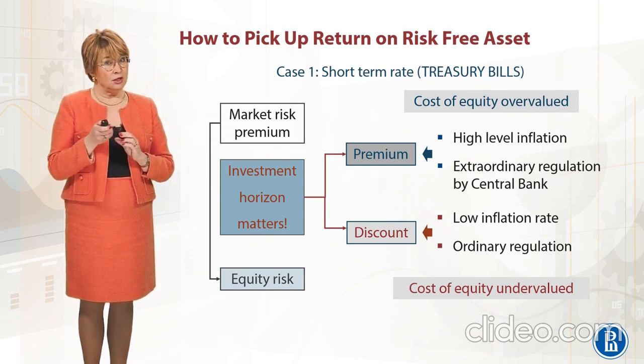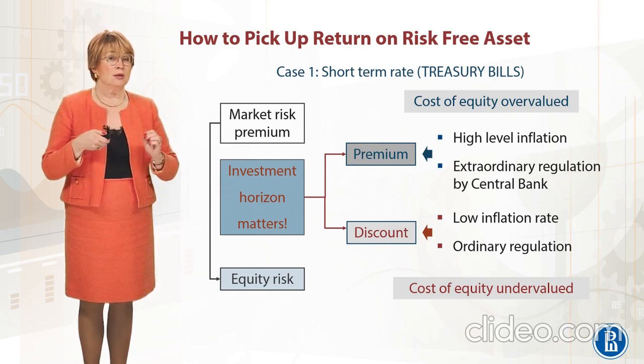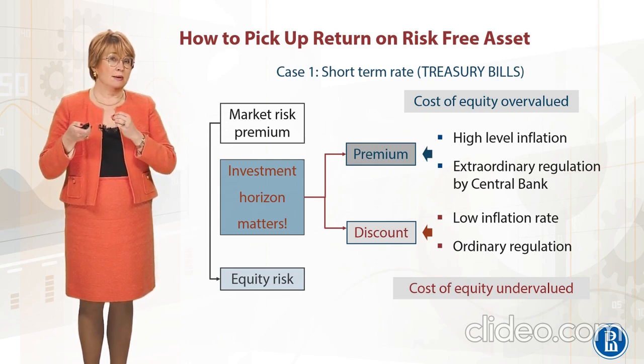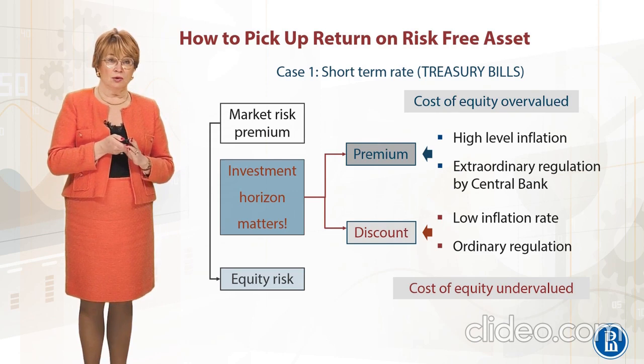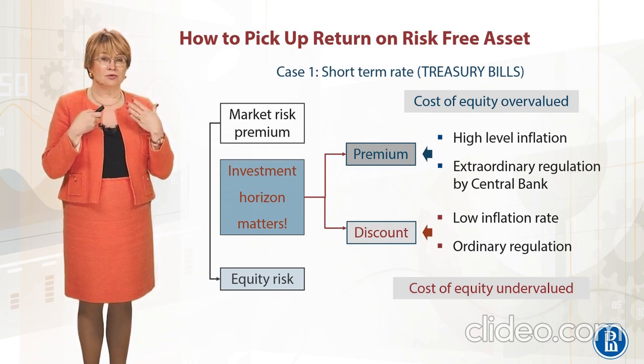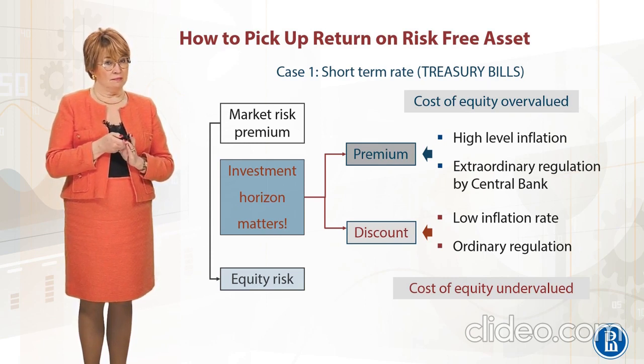How to pick up the return on the risk-free asset? Of course, you may choose between treasury bills, which are short-term government debt securities, and treasury bonds, which are long-term government debt securities. Imagine we are in the first case. We would like to look first at short-term rates, or treasury bills of some government.